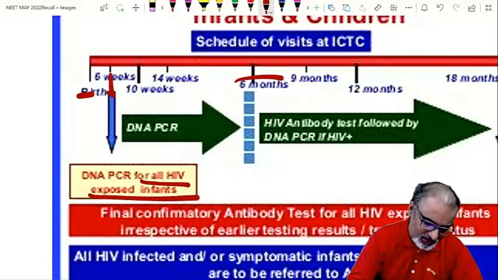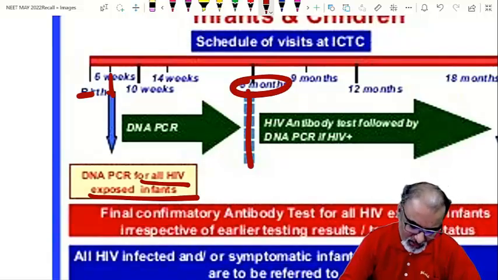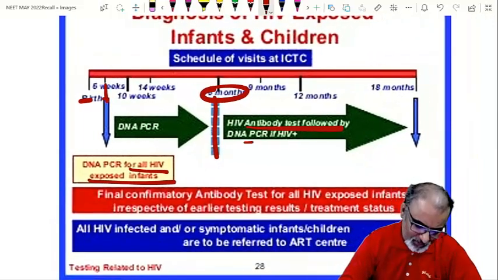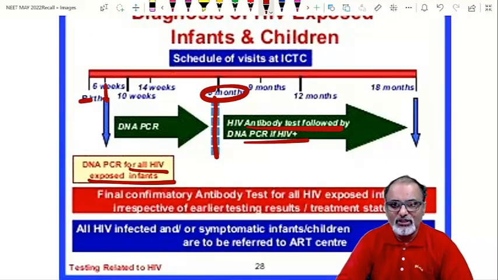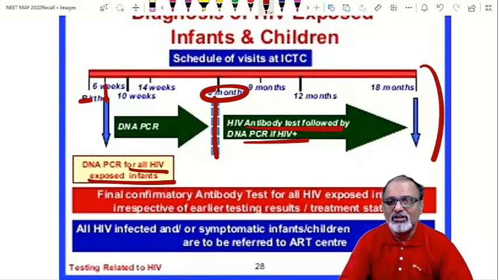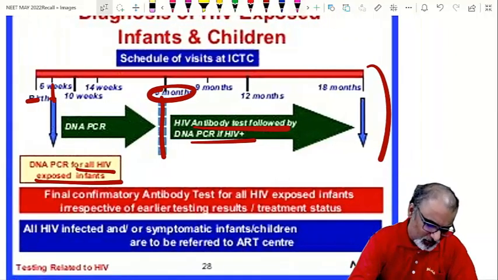After that, at 6 months, you need to do one more. In case of more than 6 months, do antibody tests followed by DNA PCR if HIV positive. At the end of 18 months, every child needs an antibody test irrespective of DNA PCR. That's the point we want to emphasize.